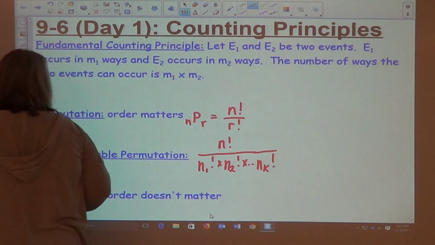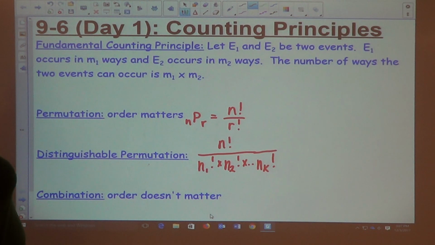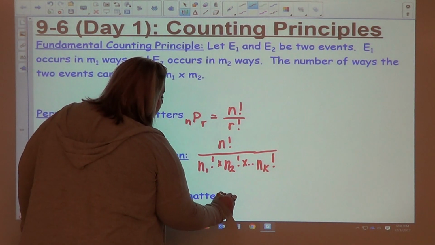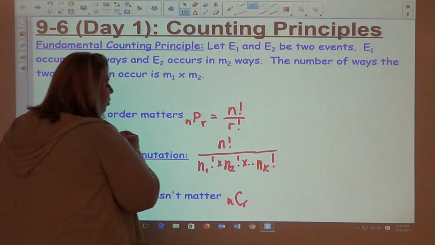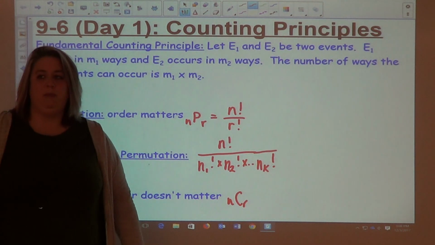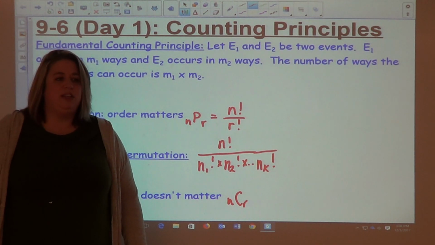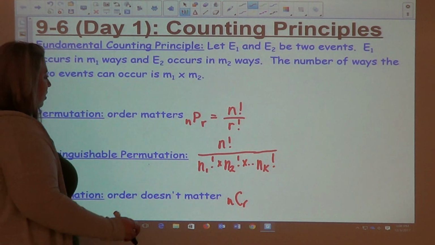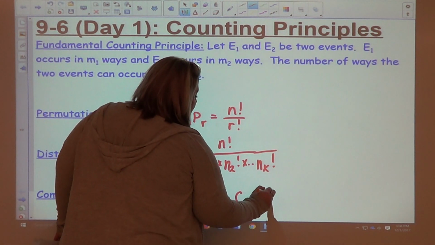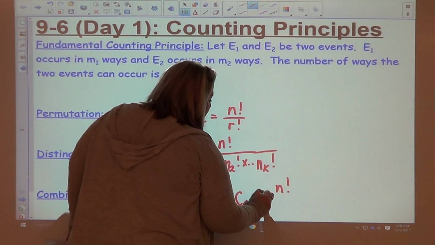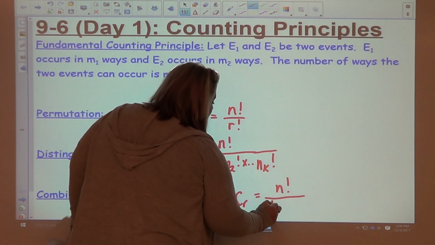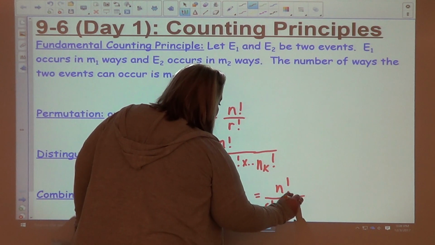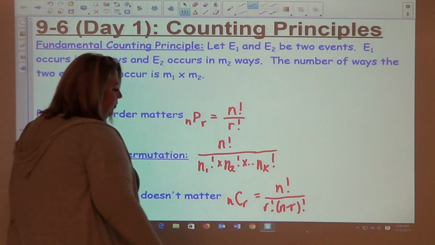Okay, then a combination. A combination is when order doesn't matter. This is when we use nCr. If I say get in a group of 4 people, I don't care who you pick first, second, third, fourth, it doesn't matter. I just need you to get in a group of 4 people. It's the same formula we talked about yesterday, which is n factorial over r factorial times (n minus r) factorial.